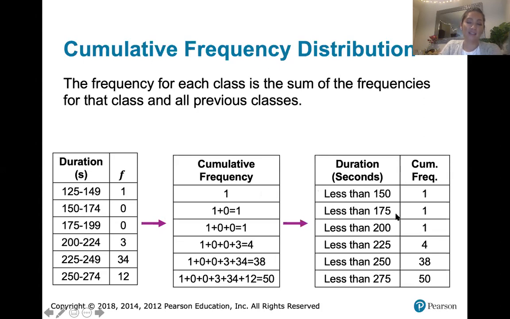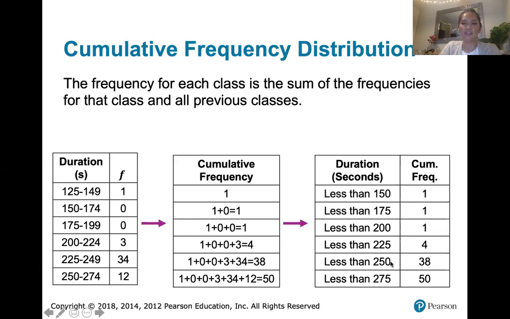And in this class, now instead of having eruption times within this range, you're looking at all of the eruption times in this range and the range before it. So you're looking for all of the durations of eruptions that were less than 175 seconds. And since there were none in that second class, there's only 1. And then we did the same thing for the next class and the next class.